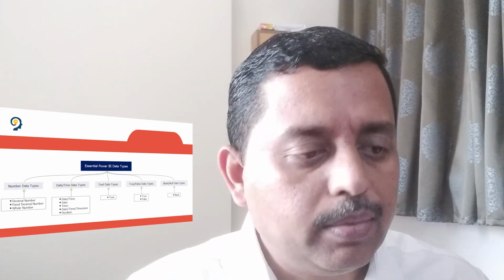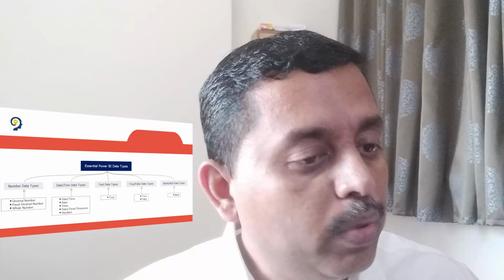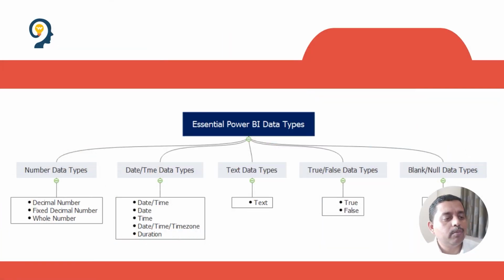So Power BI data types are something like this. We have text, we have numerical. The major section would be the numerical data types, which form a part of the decimal number, fixed decimal number, whole number. These are all the number data types.